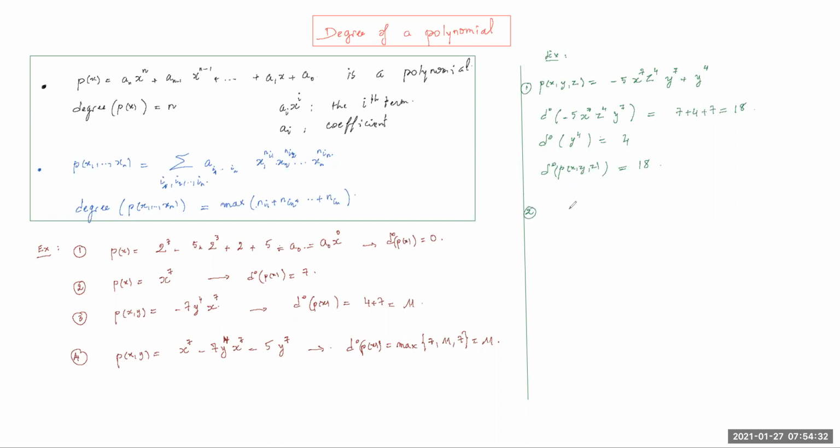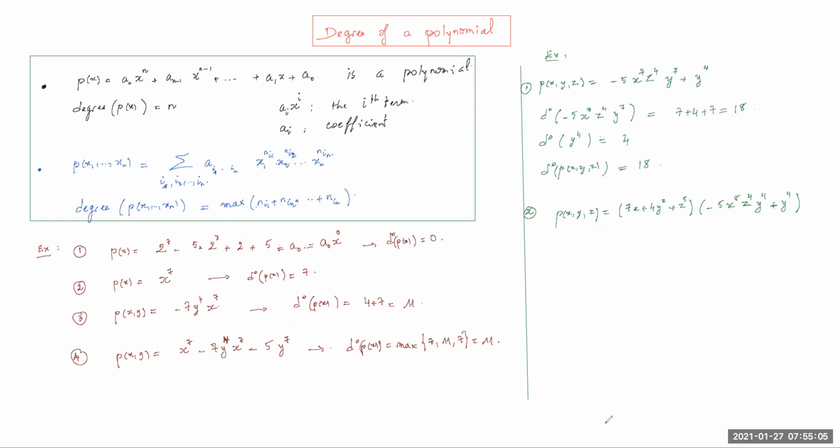If I'm given now three variables, you have 7x plus 4y^2 plus z^5 times minus 5 x^8 z^4 y^4, and what else? Plus y^4. What about the degree of this polynomial?